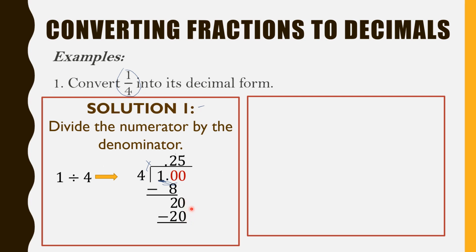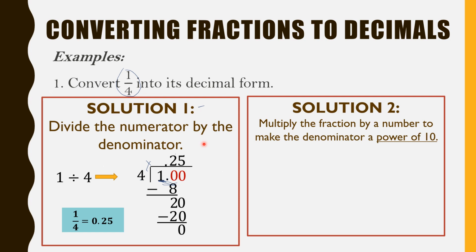And subtracting the two numbers, 20 minus 20 is equal to 0. That means that 1/4 in decimal is 0.25. Okay, or simply .25, but it's better if we are going to put 0, okay, 0 before the decimal point.